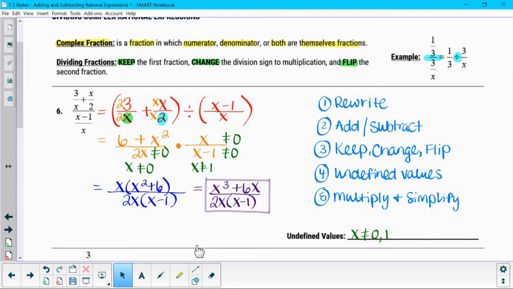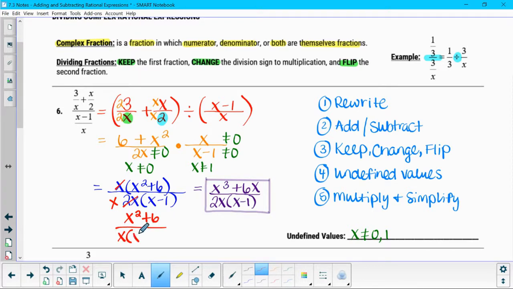Now, one thing that we could do further is if I had left it in this original form, which I think I would accept this as a final answer, you could go in and you could cancel out 1x and another x and end up with x squared plus 6 all over x times x minus 1 as well.